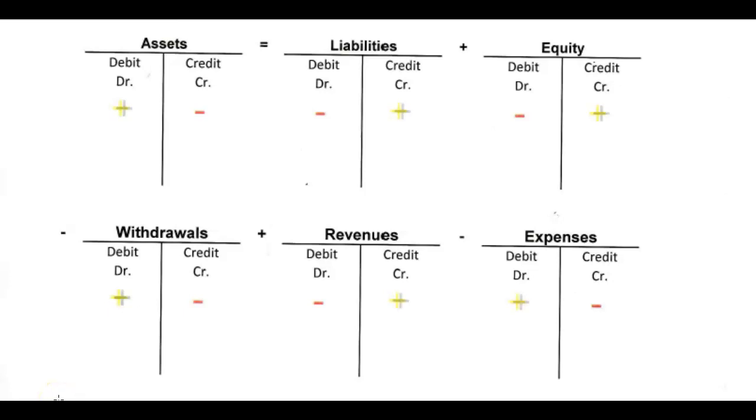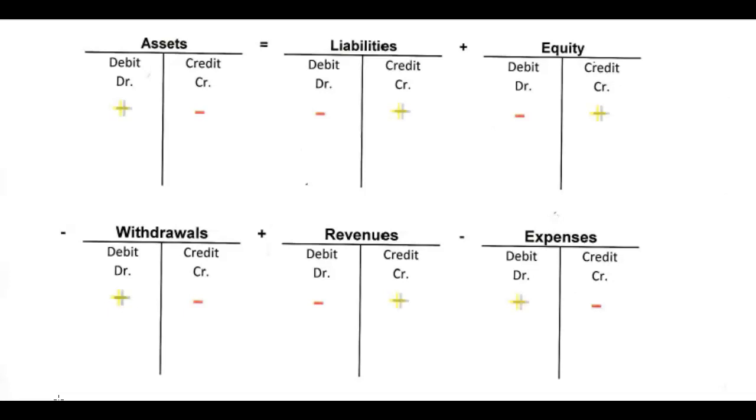Please note that in accounting, debit, abbreviated DR, just means left-hand side. Credit, abbreviated CR, just means it's on the right-hand side. And remember that our debits and our credits have to balance.